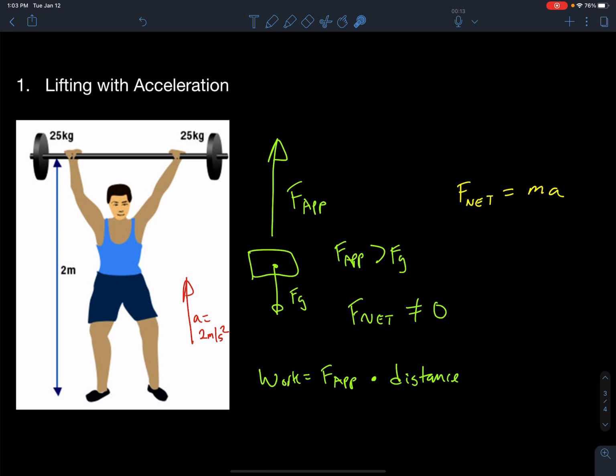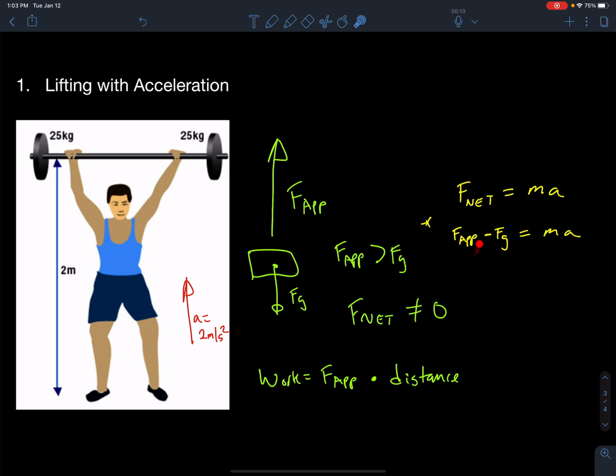So if there's an unbalanced force, there's going to be acceleration. This is Newton's second law. If I know the mass of the weight times that acceleration, that's equal to the net force. And that net force is the difference between the applied force that he's putting on minus the force of gravity, which is going to be equal to mass times acceleration. That's an important relationship that we developed.